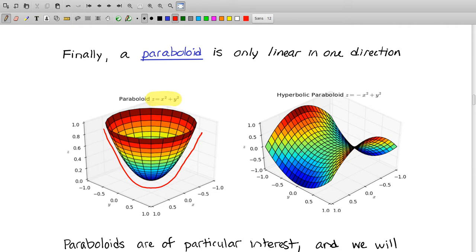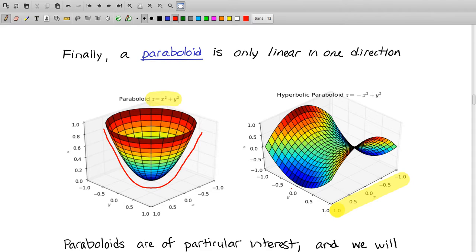On the other hand, this object right here, technically called a hyperbolic paraboloid, is quite interesting. If you look at y equals 0, you cover up the y squared, then you have z equals minus x squared. So in the x direction, it looks like a parabola pointing downward.